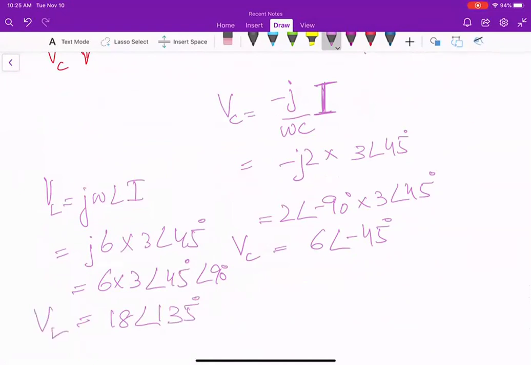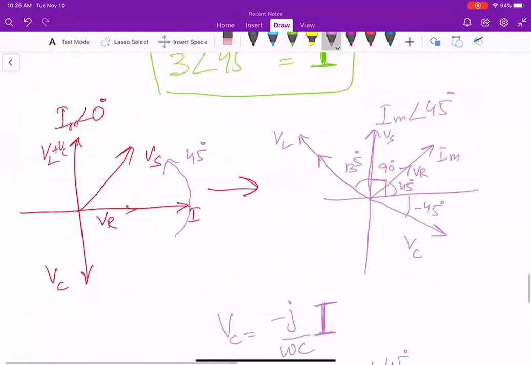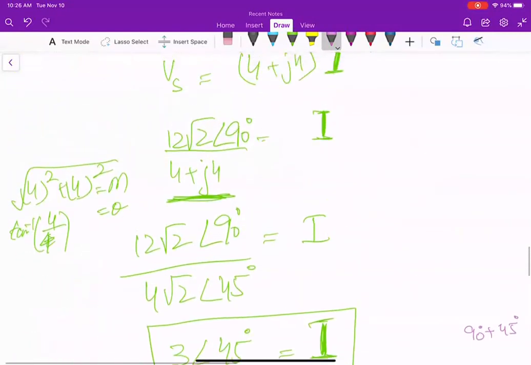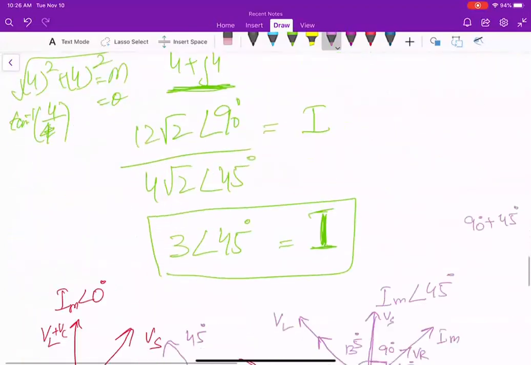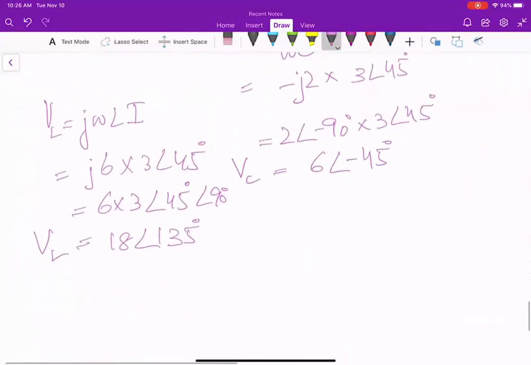So that will be your VL. So that's how, even if you don't understand the rotation, you can individually find the angles. Sounds good? Do we understand this?